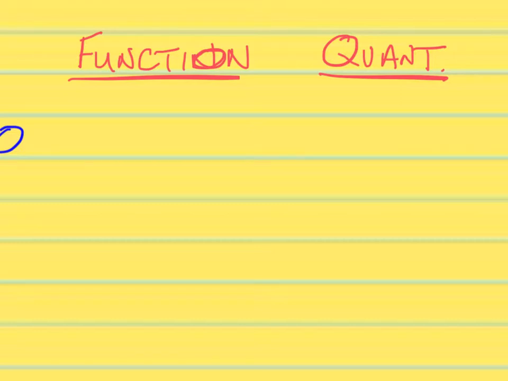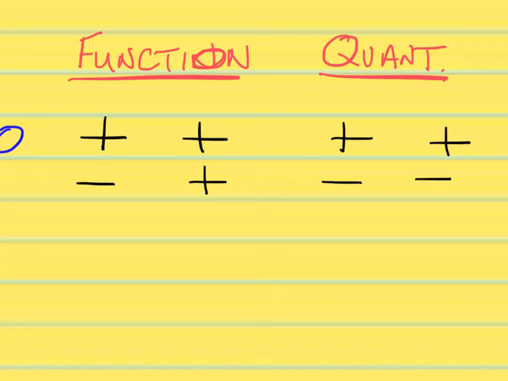If in the function you have plus plus, then your quantities will be plus plus. If the function is minus plus, then you're going to have minus minus in your quantities. If you have minus minus in the function, you're going to have plus minus in the quantities.